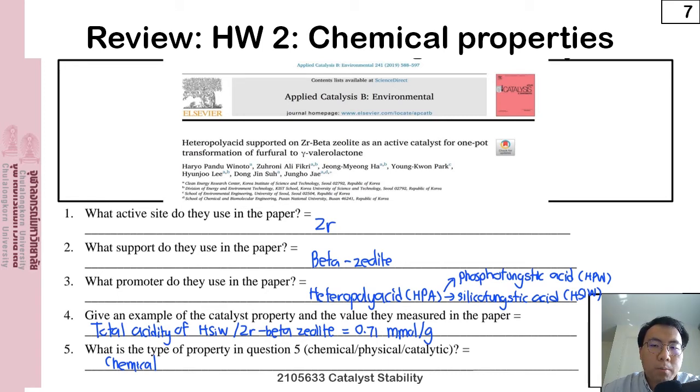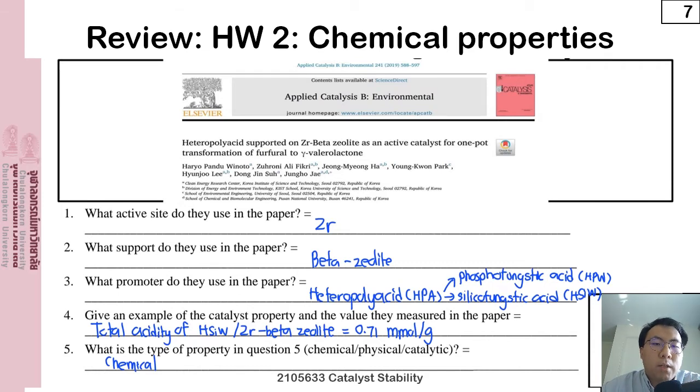And they use the promoter HPA, or heteropolyacid, in which HPA consists of the phosphotungstic acid and the silicotungstic acid, or HPW and HSiW.